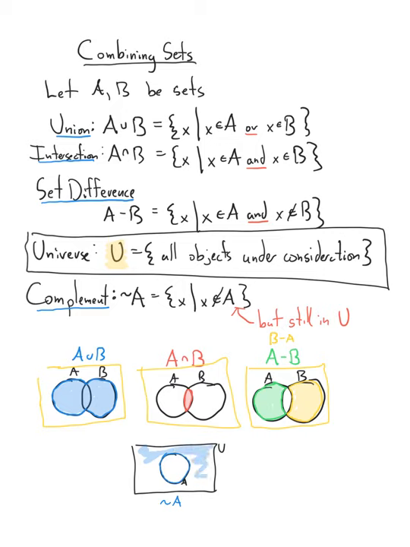So here is the complement. And there are 4 ways of combining sets or dealing with sets to make new sets. We'll do a big example now to get an idea of how to do these with actual elements.